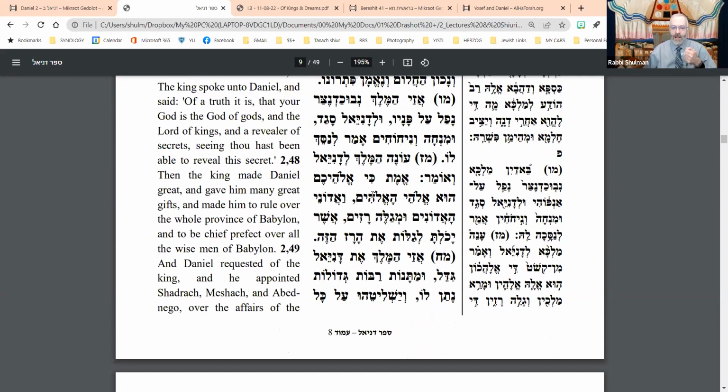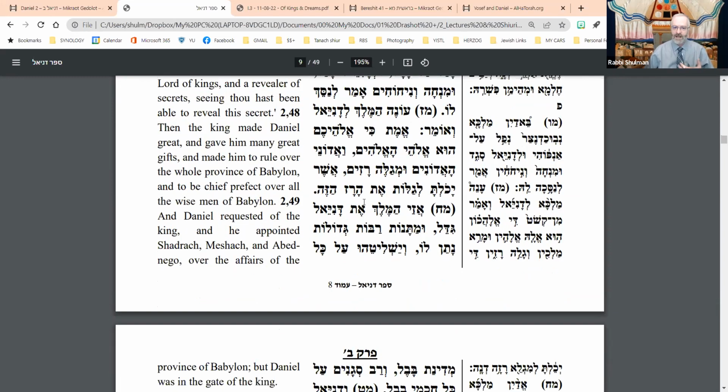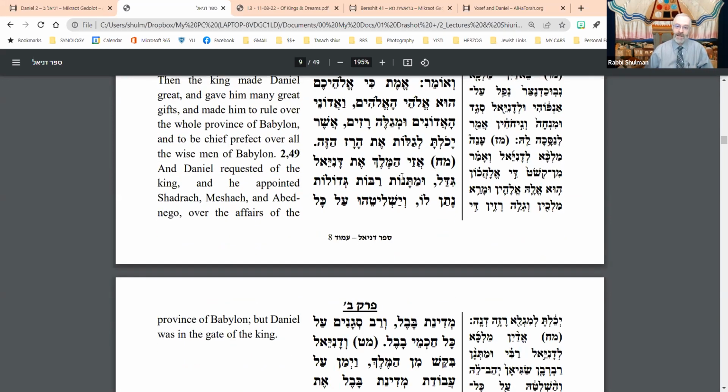Emet, your God is the true God. And your master is the true master. Who reveals secrets. Because you were able to reveal this secret. So he gave Daniel a position of great stature, and he gave him great presence.